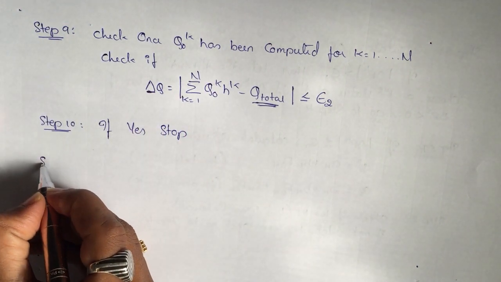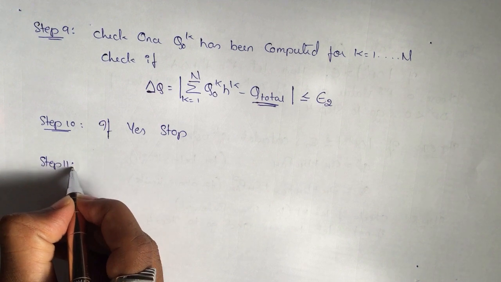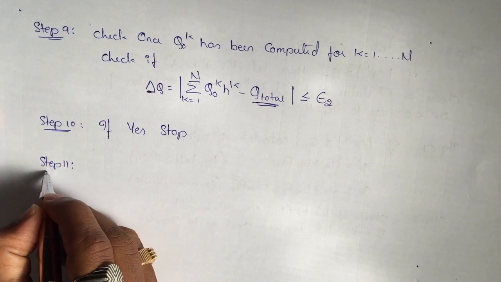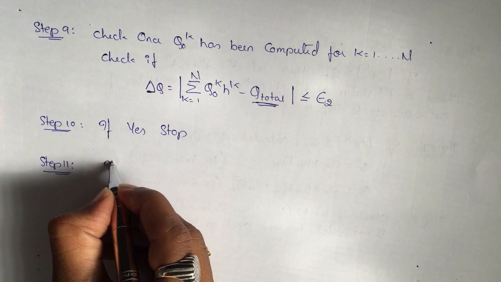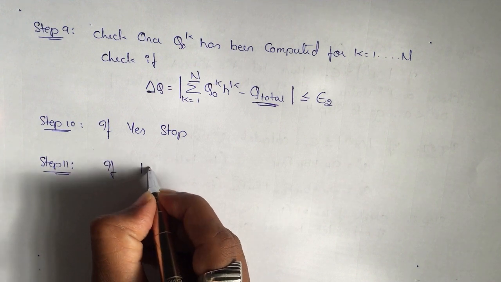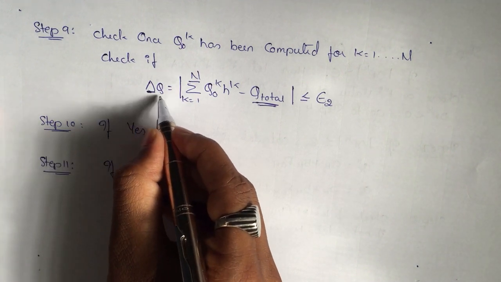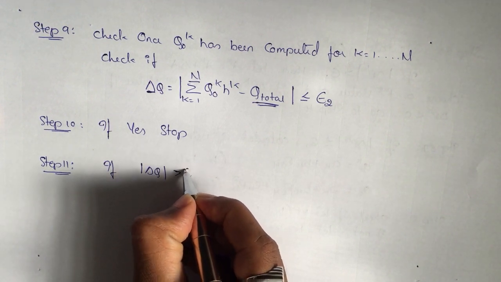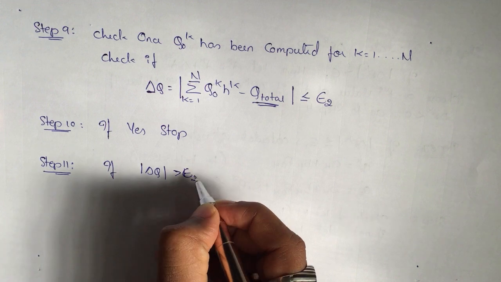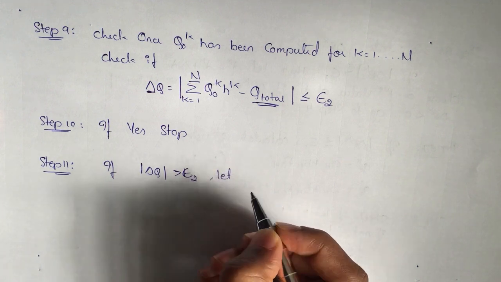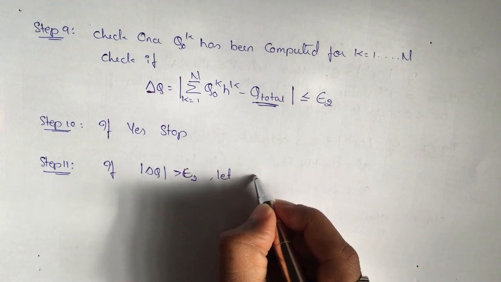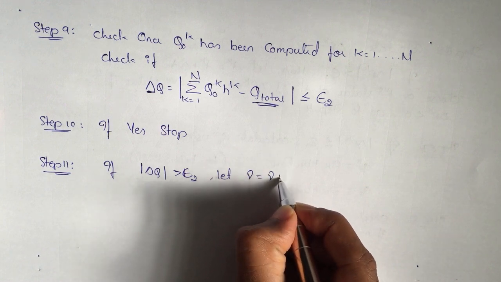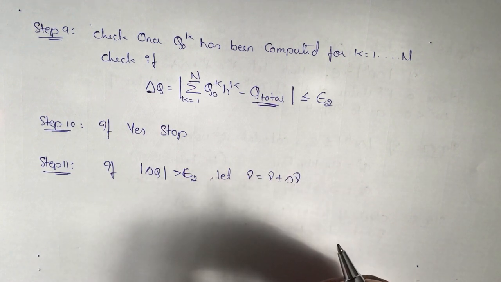If not, step 11, if magnitude delta Q is greater than epsilon 2, let gamma is equal to gamma plus delta gamma.